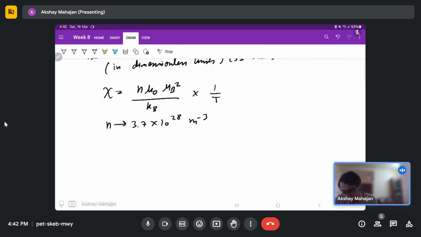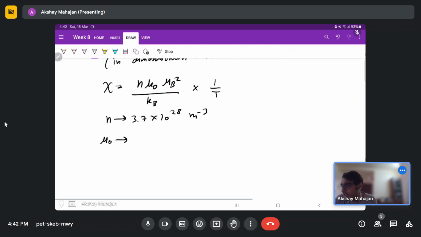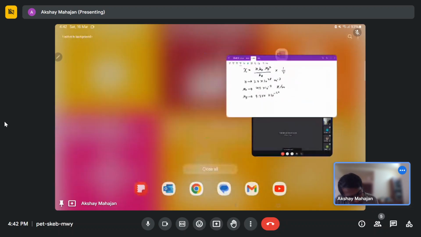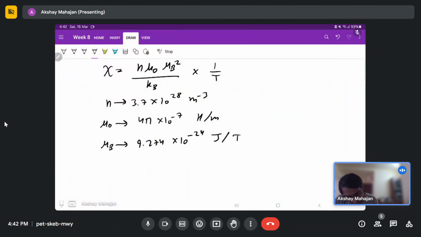Your formula just changes if you have to do it in SI units. Mu b equals 9.274 into 10 to the power minus 24 joule per Tesla.